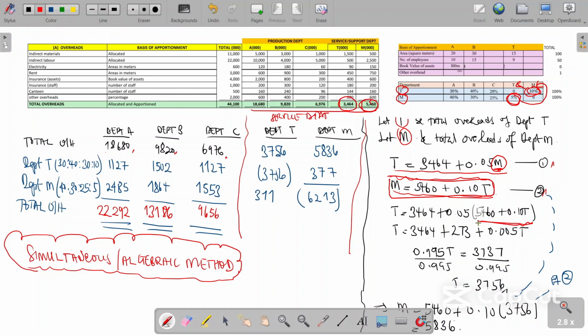So 0.05 times 5460 is 273. 0.05 times 0.10t will give us 0.005t. Now, we have to group the like terms. We bring this whole t here, and this is 1. Remember, 1 minus 0.005 will give us 0.995.